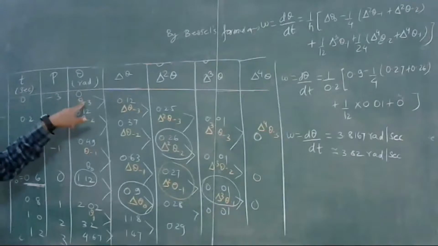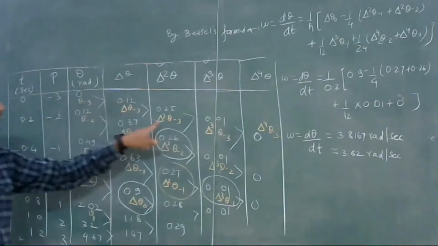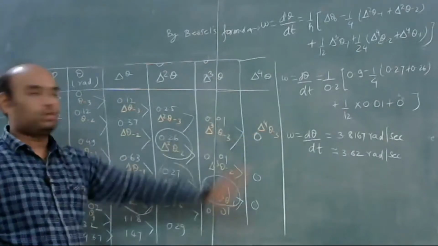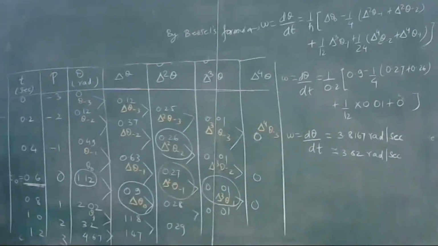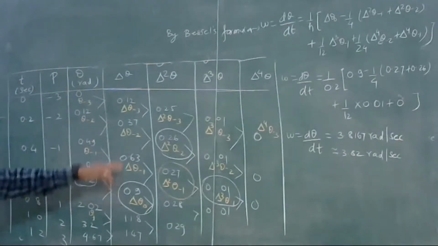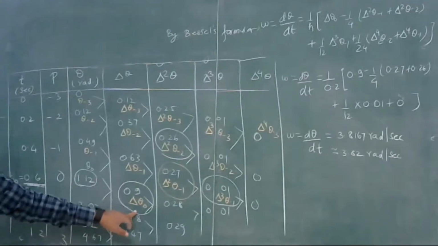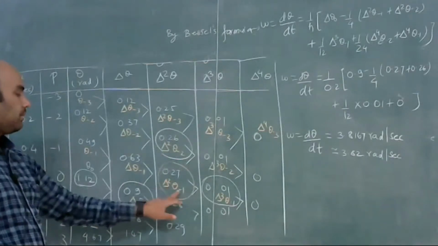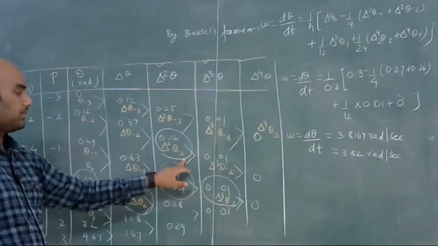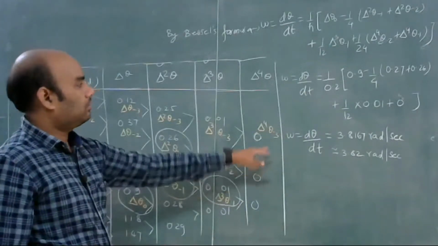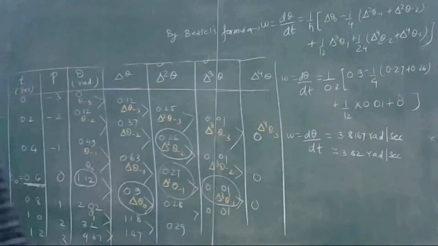So this will be theta minus 3, del theta minus 3, del square theta minus 3, del cube theta minus 3, and del to the power 4 theta minus 3. Correspondingly you can find the values of theta minus 2, theta minus 1, and theta 0. Then del square theta minus 1, del square theta minus 2. Then del cube theta minus 1, and these other values are 0, no need to find.